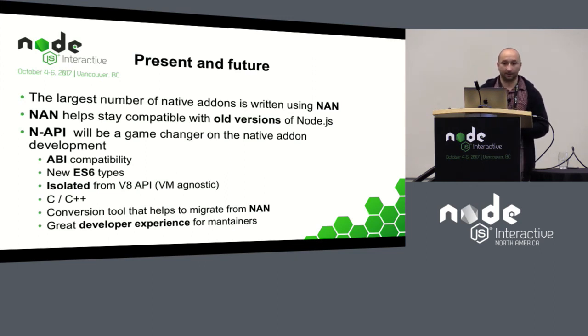But there is the new N-API that, for me, will be a game changer in native add-on development, because it guarantees API compatibility and allows us to use new ES6 types. It's really isolated from the V8 API. We have 2 implementations, one written in C++ and one in C.